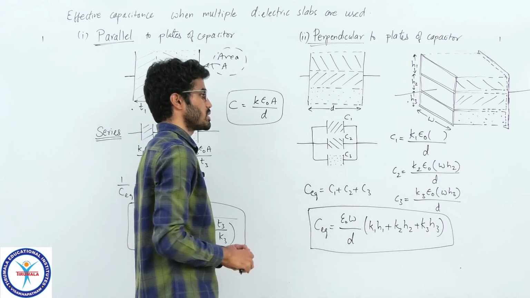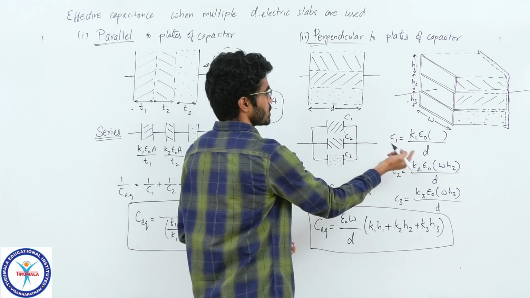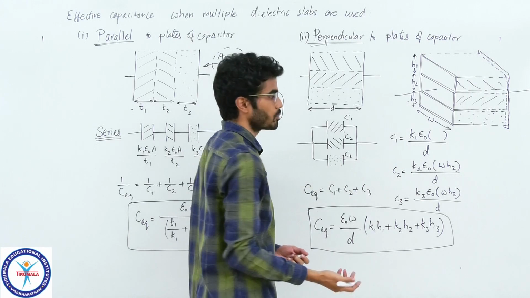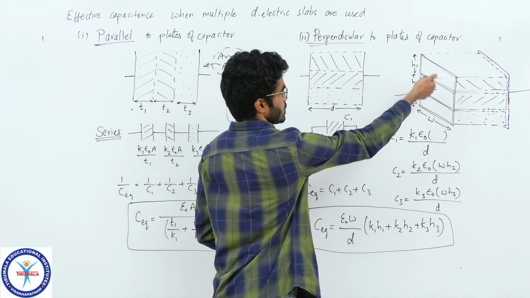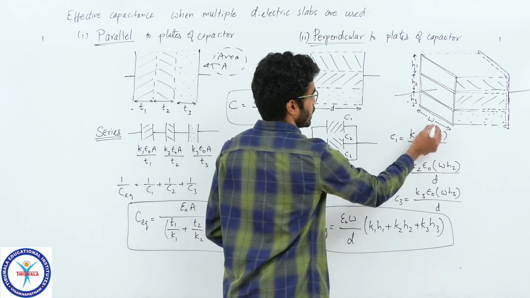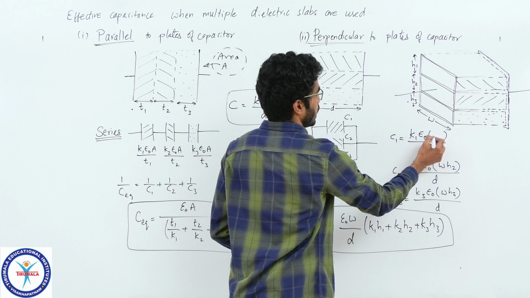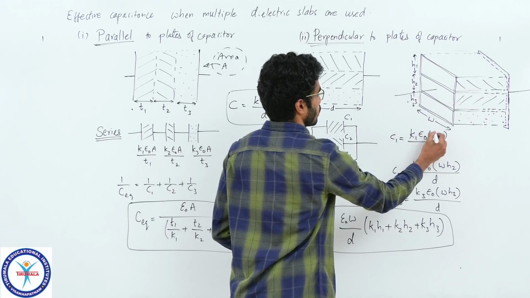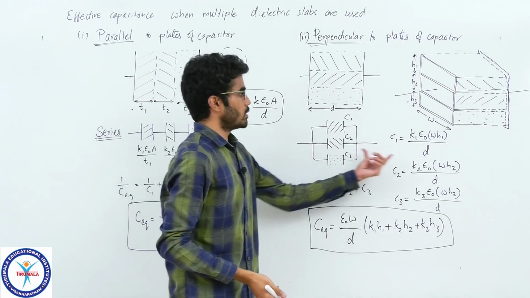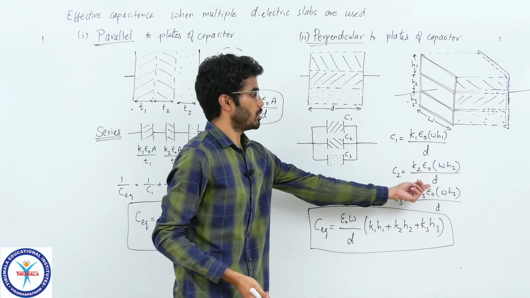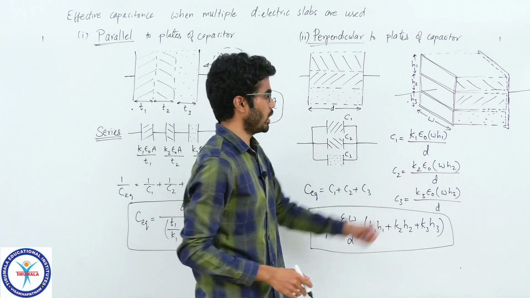Now the effective capacitance is given by C1. For C1 it is K into epsilon naught A by D. So that is K1 into epsilon naught A by D. But the area is different here. Here you can write the area as length into height, W into H1. Similarly for capacitor 2, D is the same, but the area changes, it is W into H2.